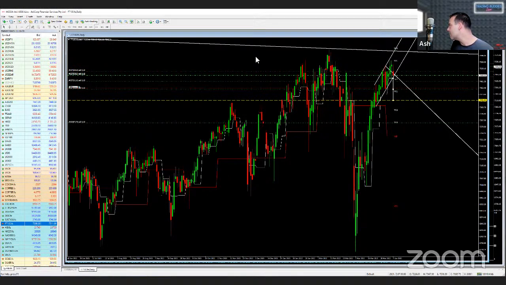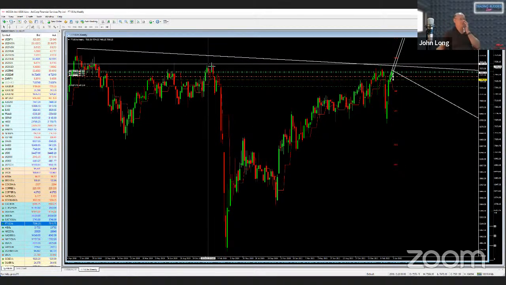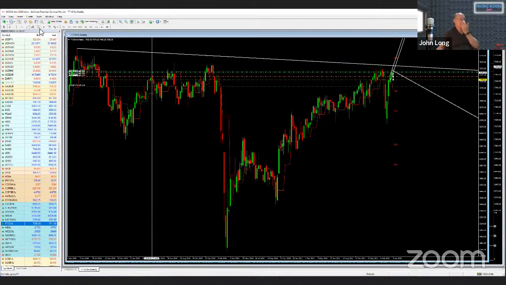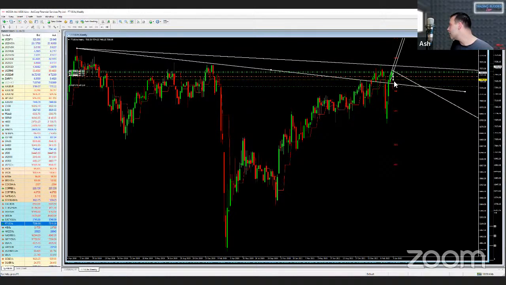But this is the reason I would look somewhere around that area. That's the 7,350 area, and I think that's the trend line.